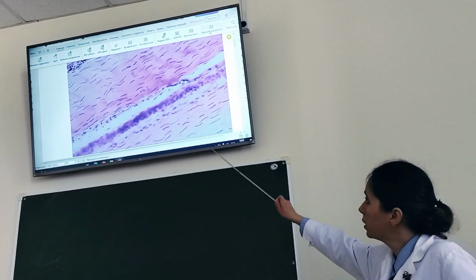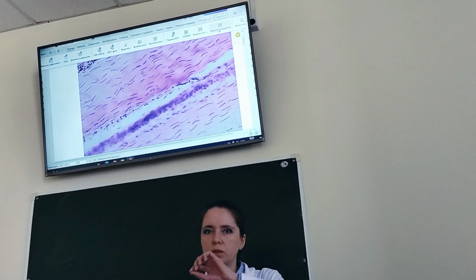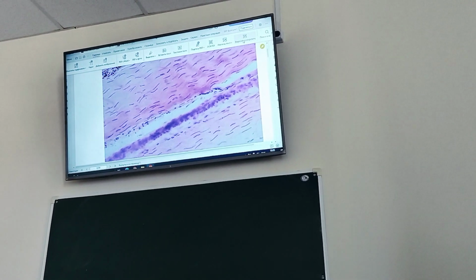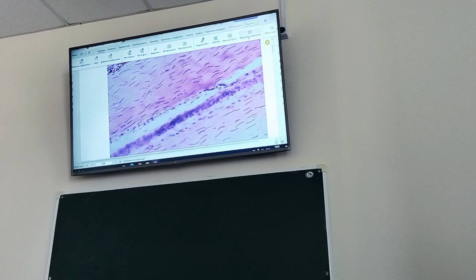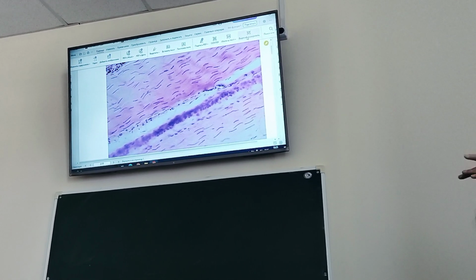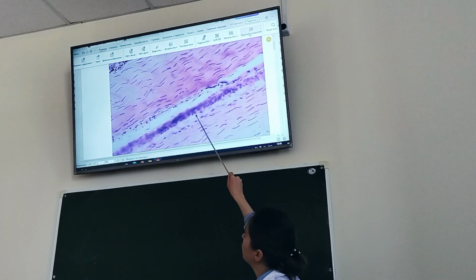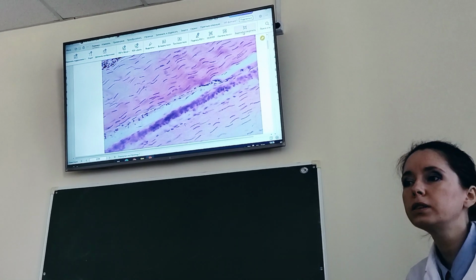I can see bright oxyphilic bundles of collagen fibers, arranged strictly in parallel. These are arranged into higher order bundles of the second order, separated by interlayers of loose connective tissue called endotendineum.